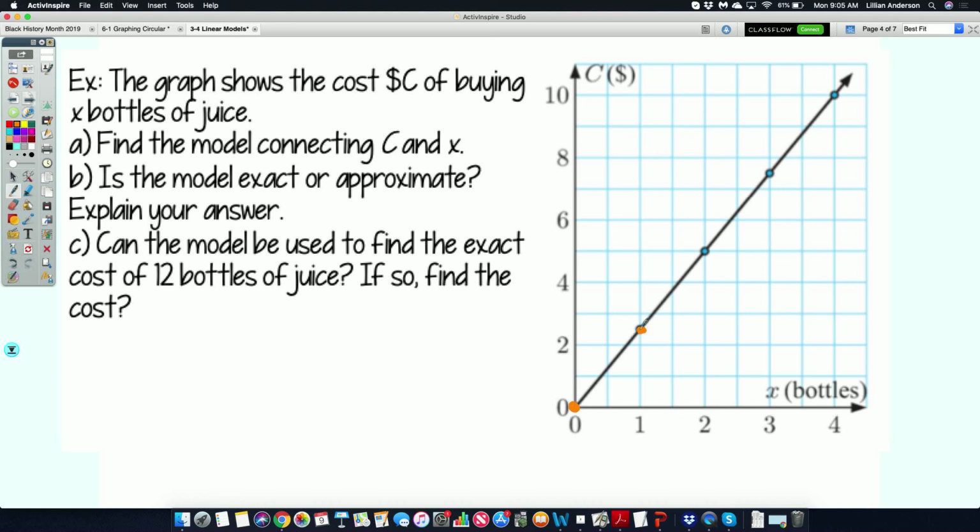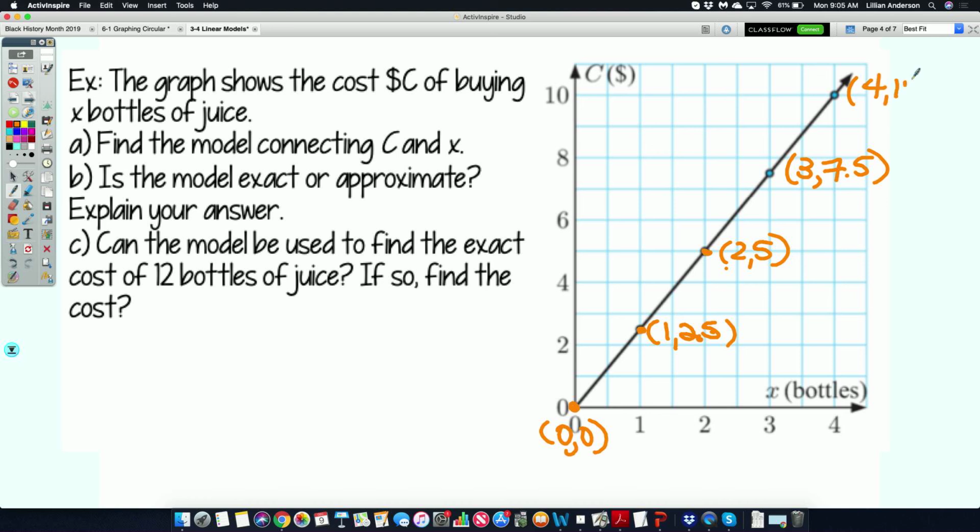One bottle costs $2.50. This point up here costs $5, and so on and so forth. So we basically have 0, 0; 1, 2.5; 2, 5; 3 bottles cost $7.50, and then 4 bottles cost $10.